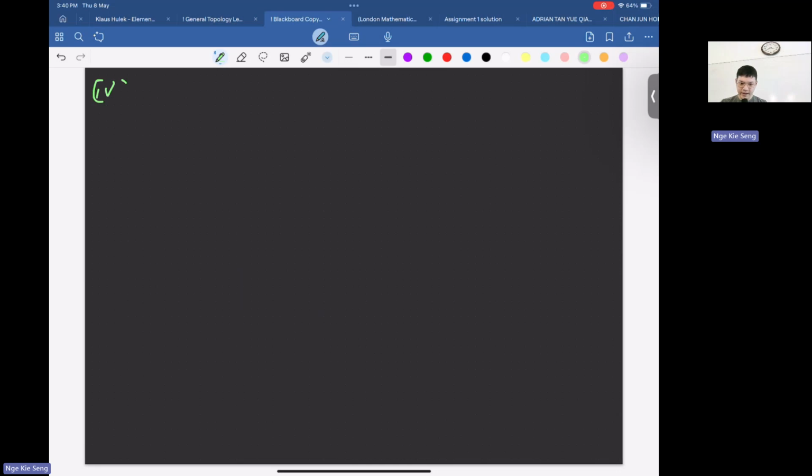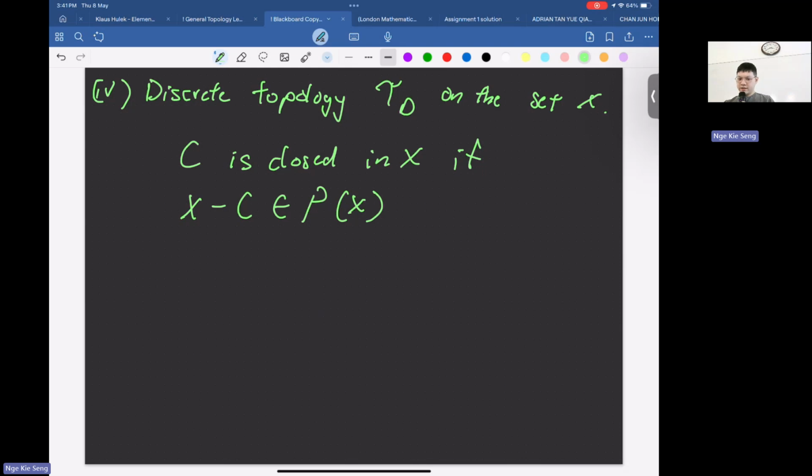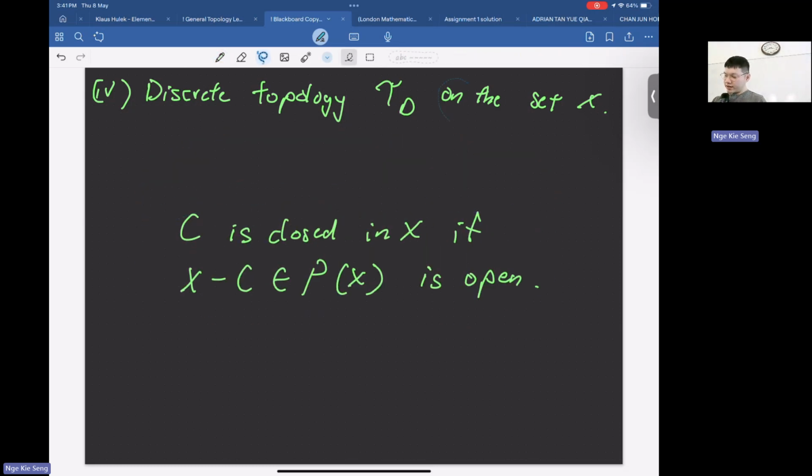Okay, so next, how about the discrete topology? What are the closed sets in the discrete topology? C is closed in X if X minus C is open in X. So what is your discrete topology? Do you still remember?